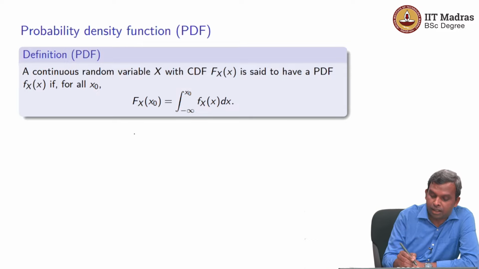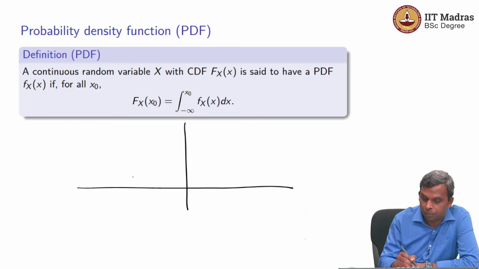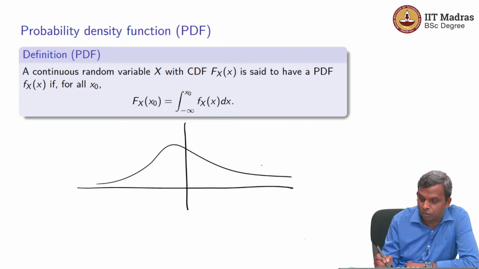So if you want, I can draw a picture here. Let's say you have a function which is like this. Let's say this is fx of x, and this is x naught.